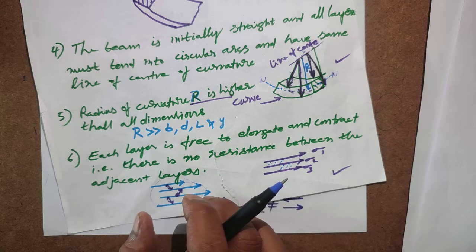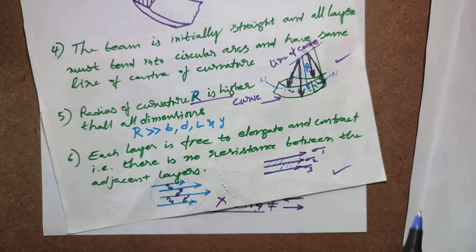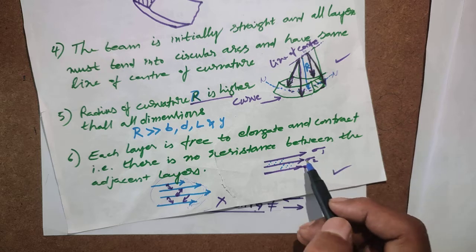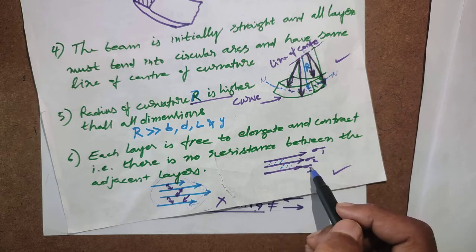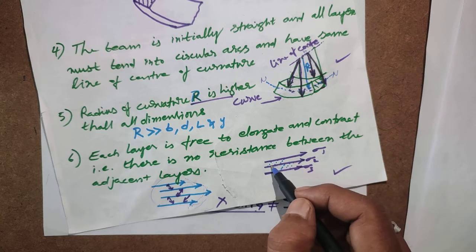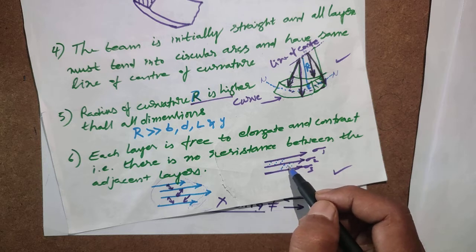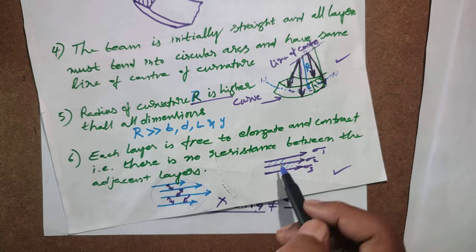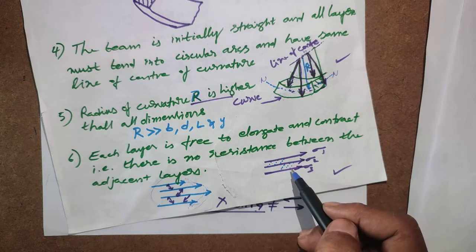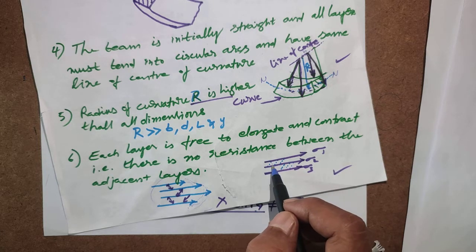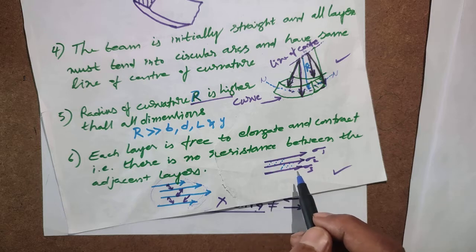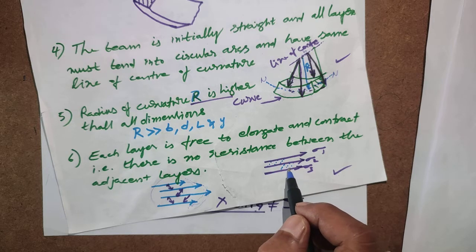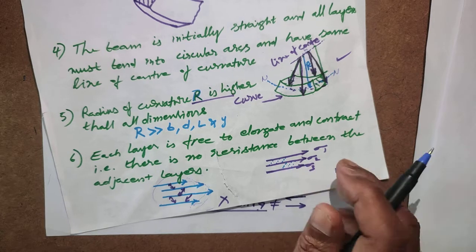That is why it cannot obey the bending theory. When you take this one, the stress is uniform and there are no resistance forces between the layers. So the stress resistance is not offered by the adjacent layers.